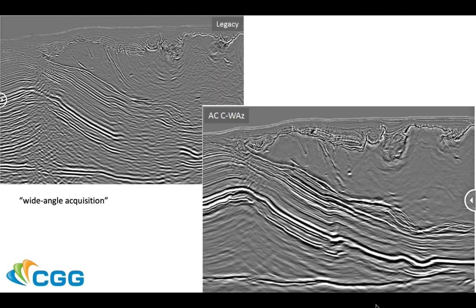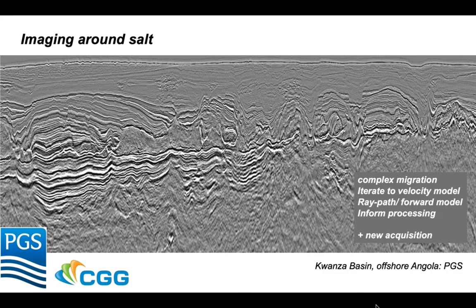So these combined technologies of acquisition and processing are revealing in great clarity the geological structure, even though the seismic velocity structure is really complicated. Getting these images involves complex migration strategies, iterated between the geology, the migration, and the velocity models.